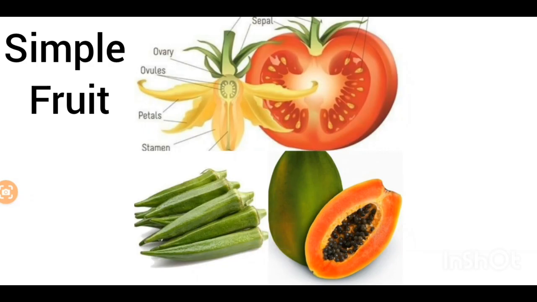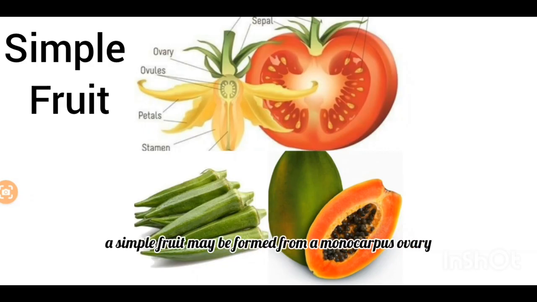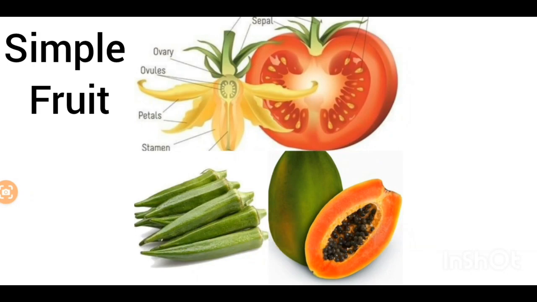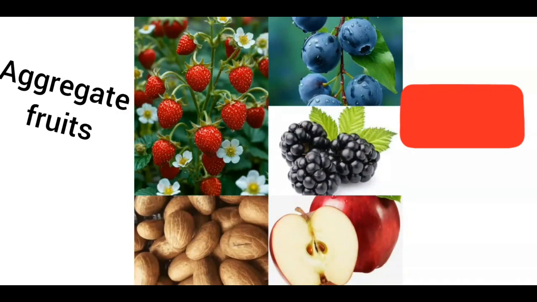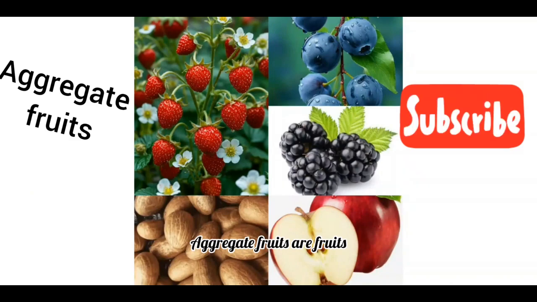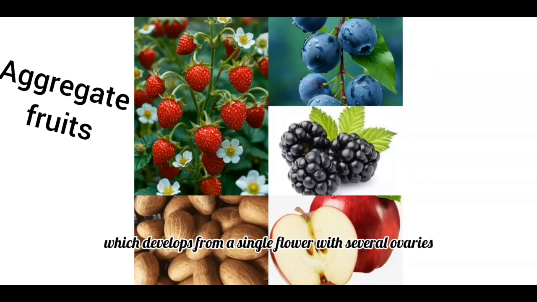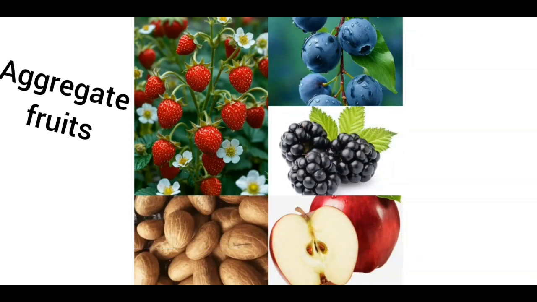Sometimes a simple fruit may be formed from a monocarpous ovary, that is, an ovary that has just a single carpel, or a syncarpous ovary. Aggregate fruits are fruits which develop from a single flower with several ovaries. Each ovary develops into a fruitlet.